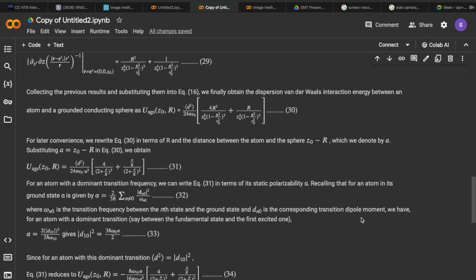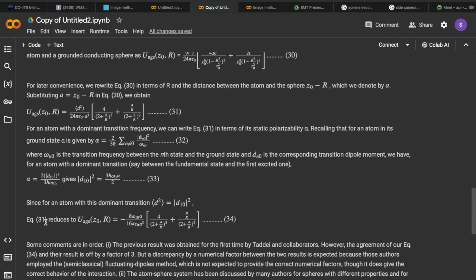So the final equation reduces to this, which represents an alternative expression for the potential energy in terms of the static polarizability alpha of the atom. It relates the potential energy to the transition frequency and the transition dipole moment of the atom.